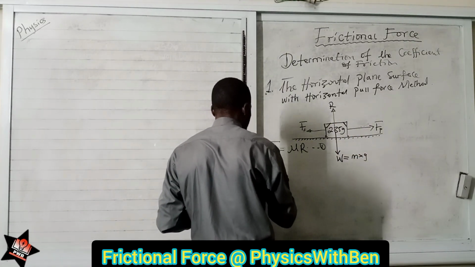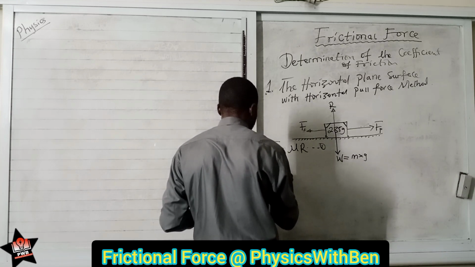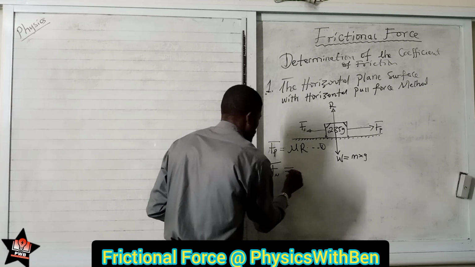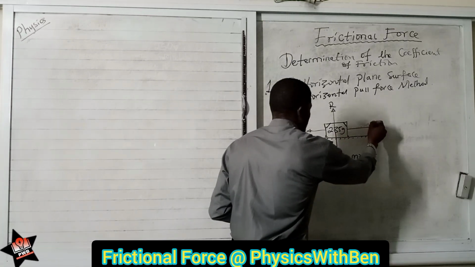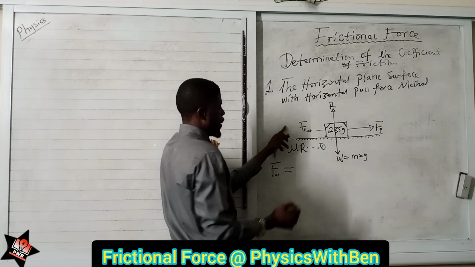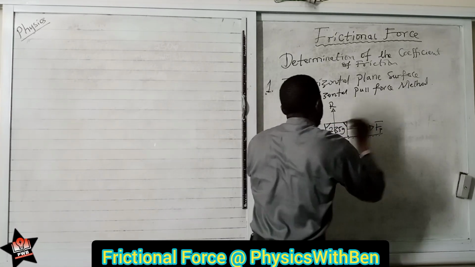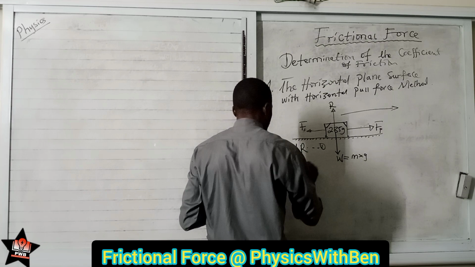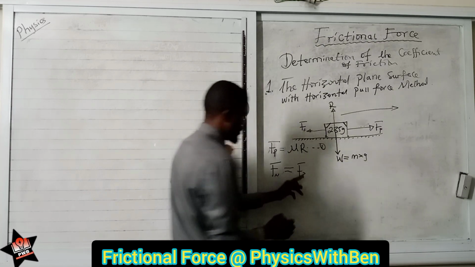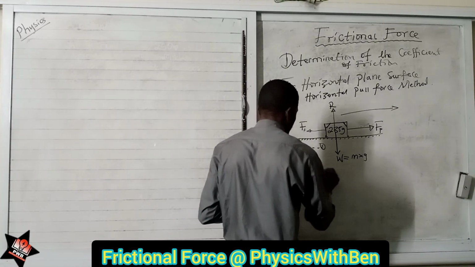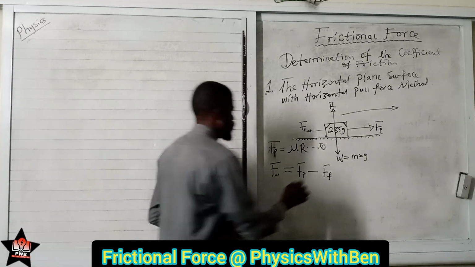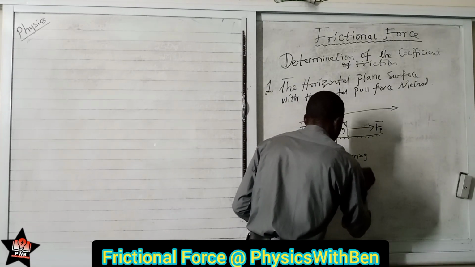So we'll write that our net force Fn is given to be this force minus this force, because this object is moving in this direction. So we'll write that the pull force Fp minus the frictional force Ff. We call this our equation number 2.